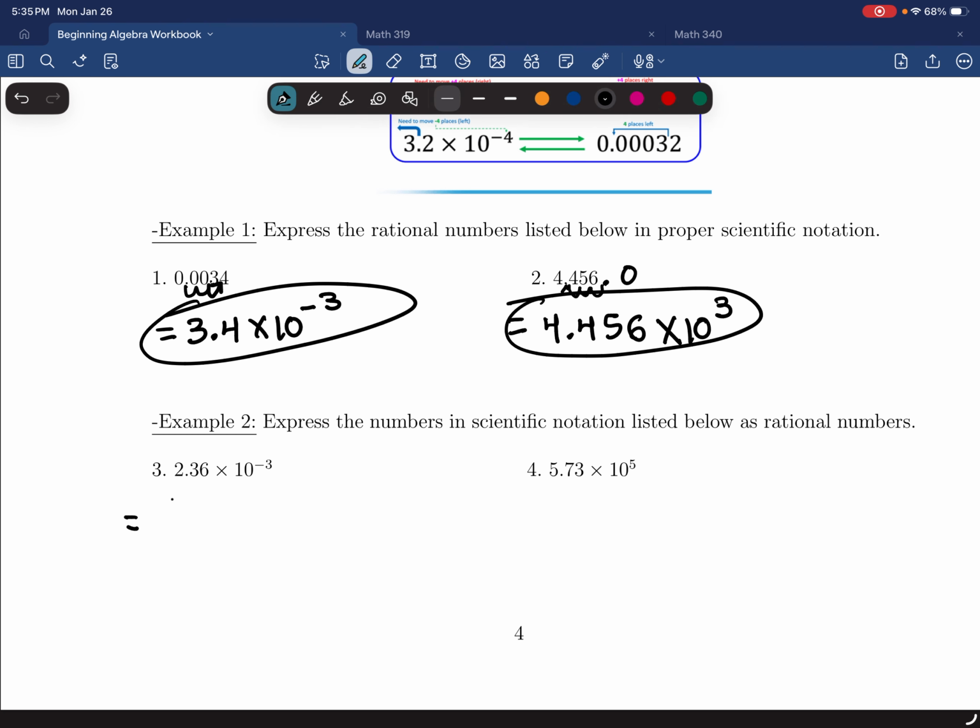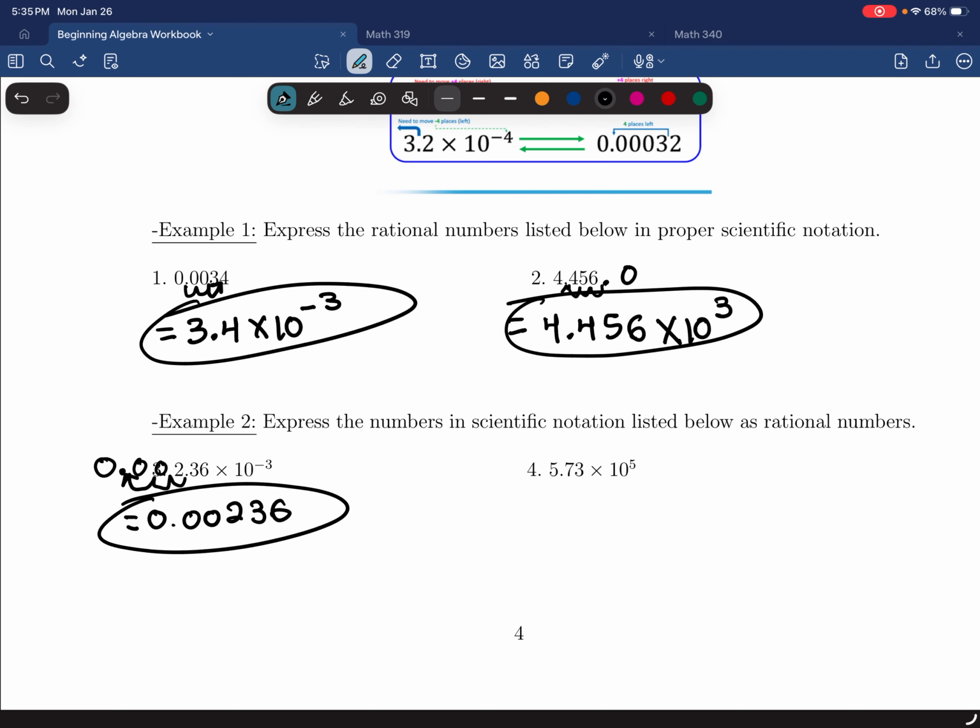I'm going to need to move it over 3 places: 1, 2, 3. And I'm going to need to fill in these gaps, so we're going to need 2 additional zeros and then a decimal place here. So we're going to get 0.00236, and that's it. That's your answer.